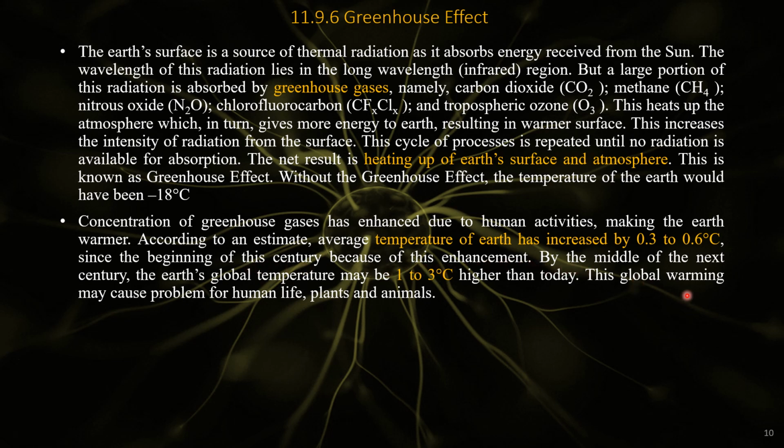By the middle of next century, the Earth's global temperature may be 1 to 3 degrees Celsius higher than today. So the Earth becomes hotter and hotter. This global warming may cause problems for human life, plants and animals.